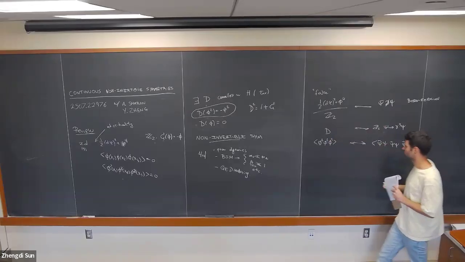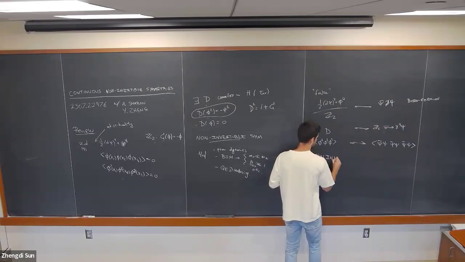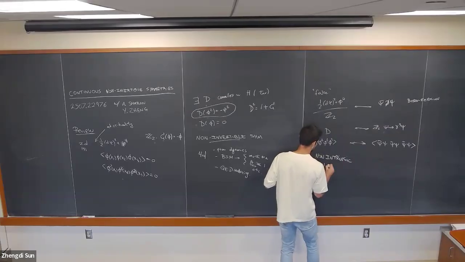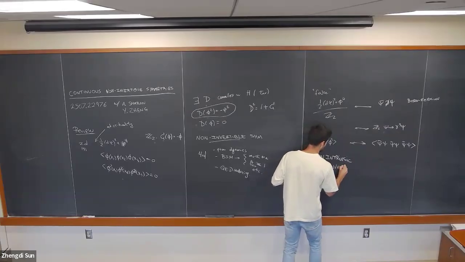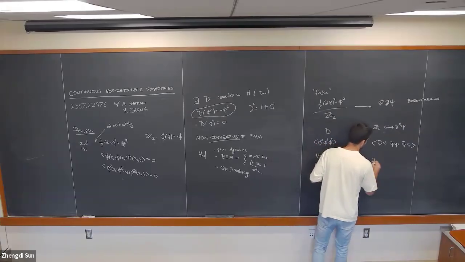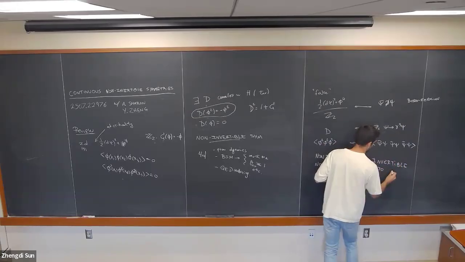Okay, so this is called a non-intrinsic non-invertible symmetry, which means invertible up to discrete gauging.